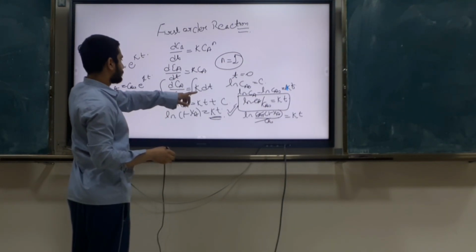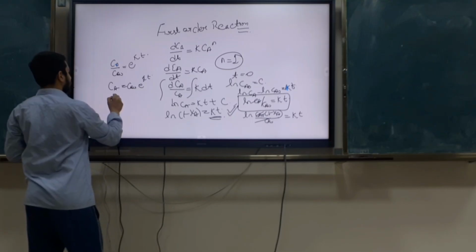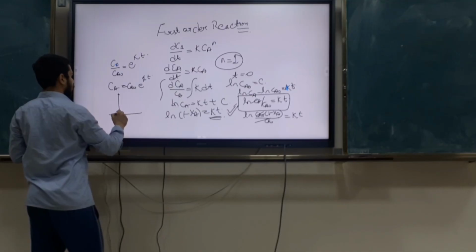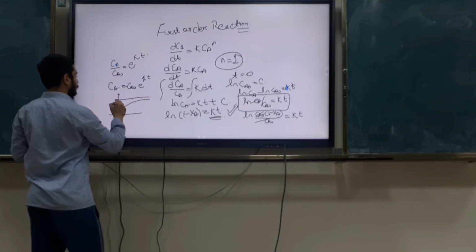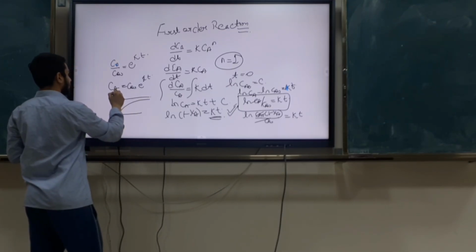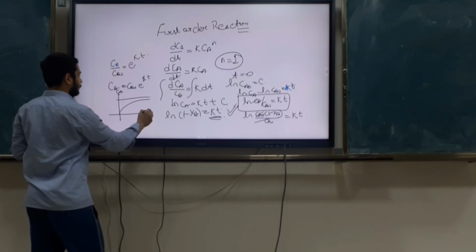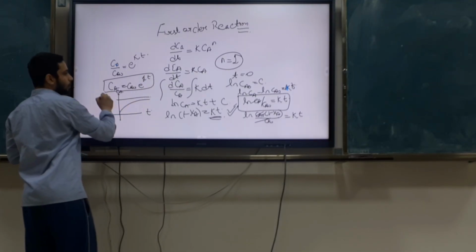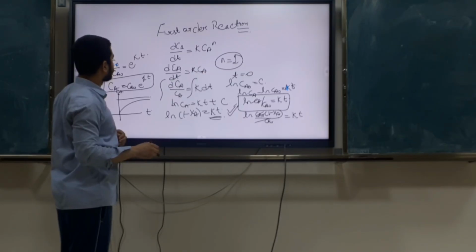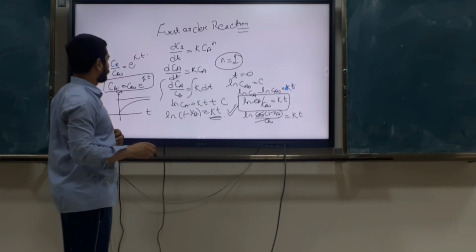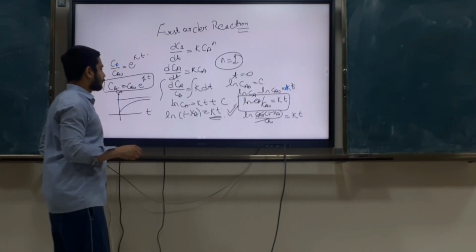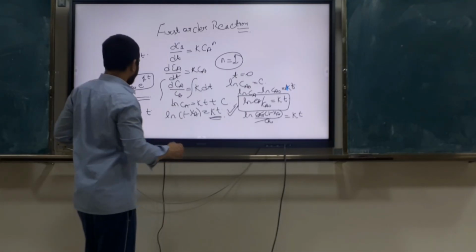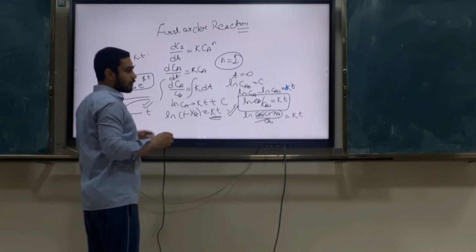Like this, Ca versus time. The equation will be Ca is equal to Ca naught e to the power of K into T. So this is the graph, how we can plot this graph for the first order system.